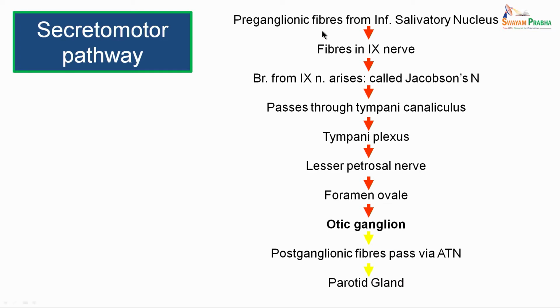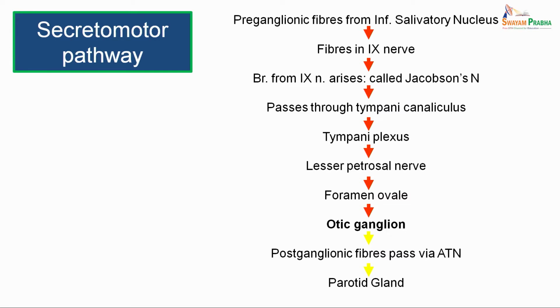Let us study the secretomotor pathway of the parotid gland. These fibers begin as the preganglionic fibers from the inferior salivatory nucleus situated in the medulla oblongata. From there, the fibers pass through the ninth, or the glossopharyngeal nerve. This nerve further gives a branch which arises as the Jacobson's nerve.